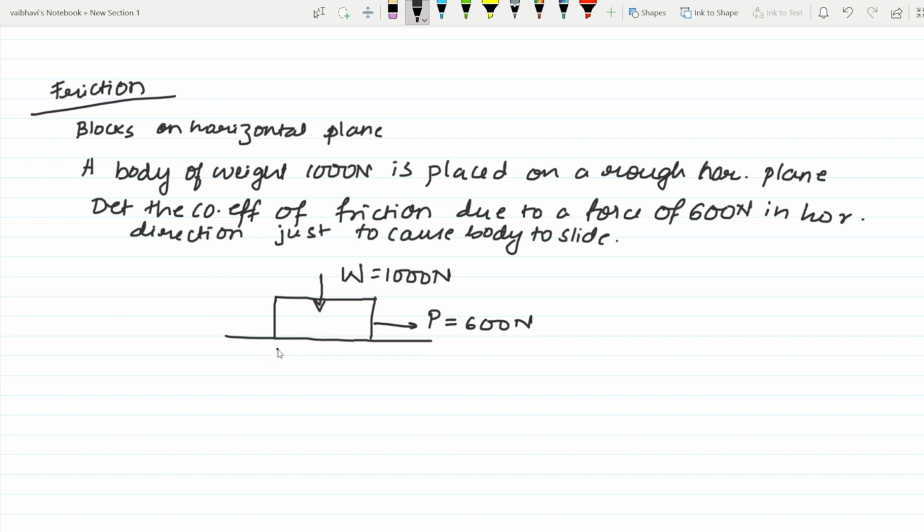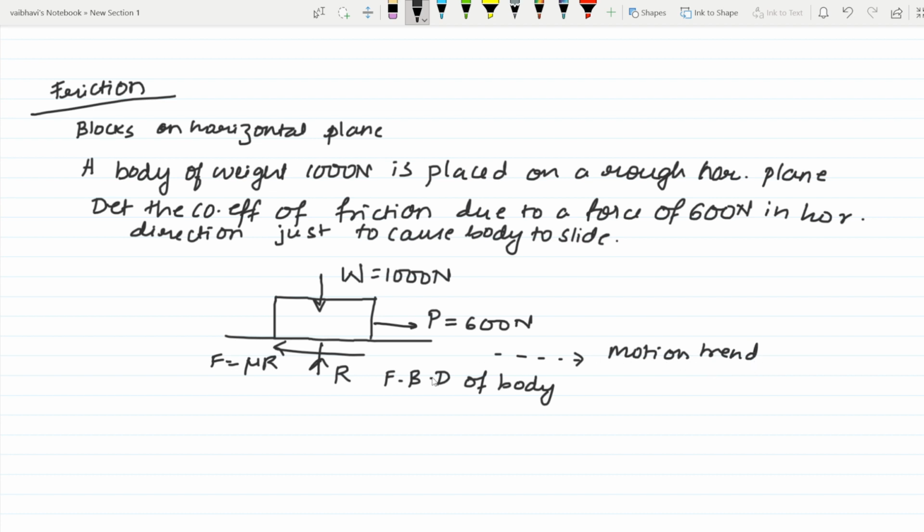The frictional force, as we discussed last class, is F equal to mu R. You have to remember this equation. There will be a reaction from the surface on which it is resting. So we have drawn the free body diagram of the body. Force is applied towards right, and this is the motion trend.